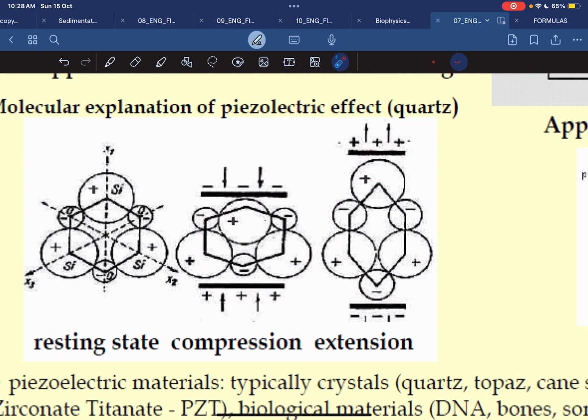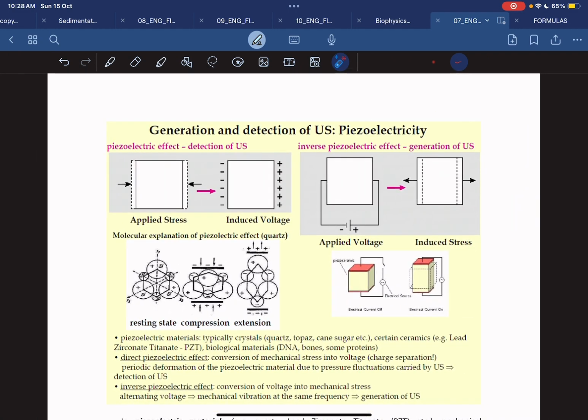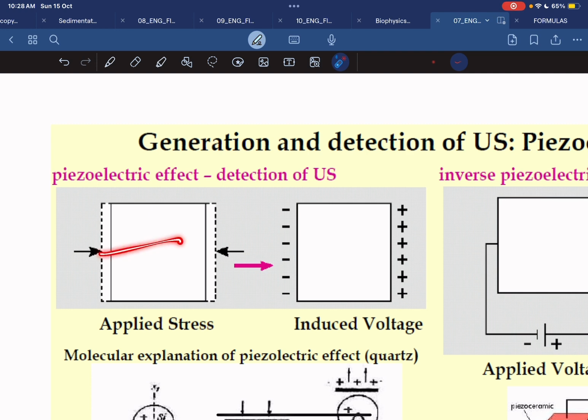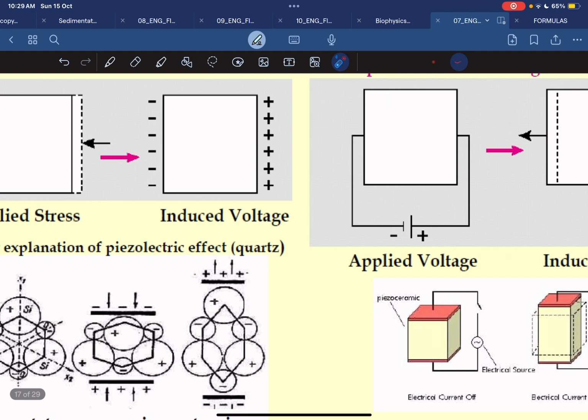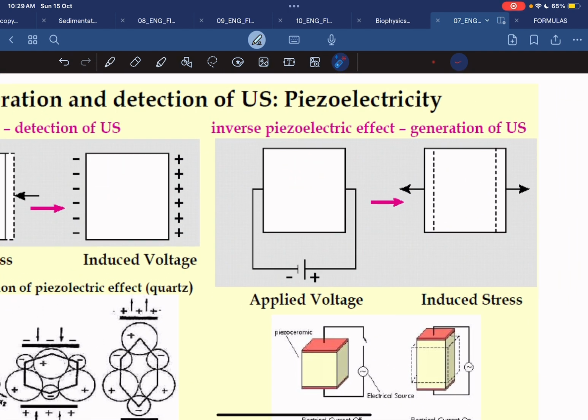And when you stack millions of molecules together like this, that's when you get the piezoelectric effect. Basically, applied stress results in a voltage, which can generate electricity. Now, to generate ultrasound, we use something called the inverse piezoelectric effect, wherein we add voltage to the piezoelectric material, and because of that, we get compression and relaxation of the particle.